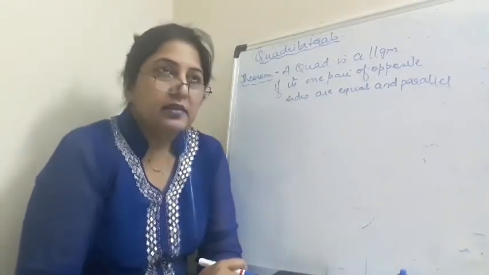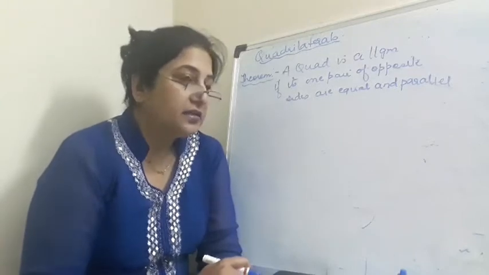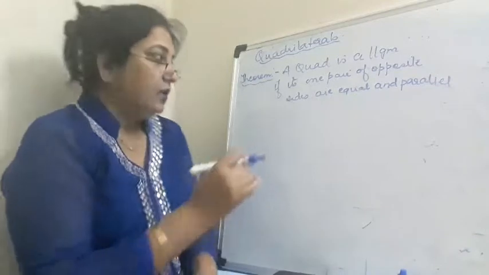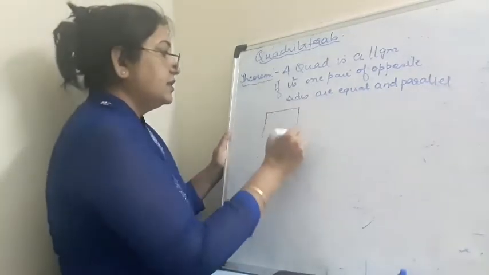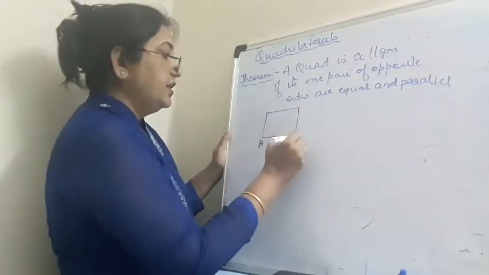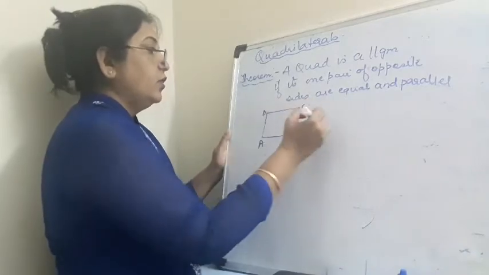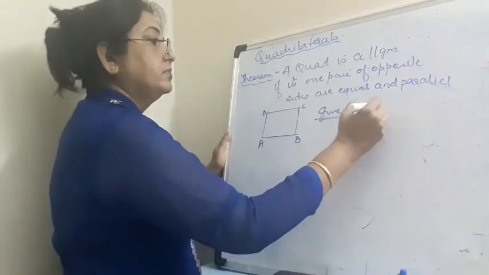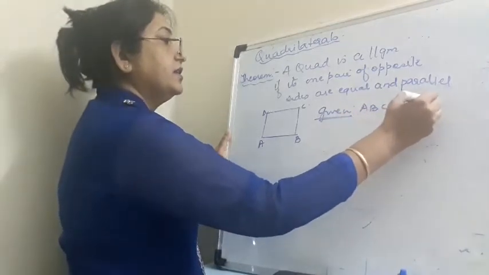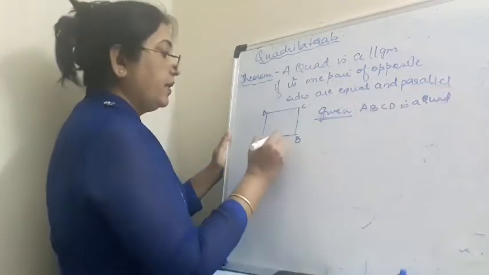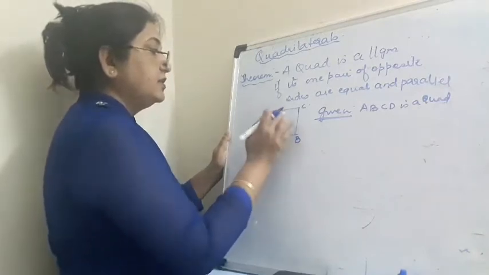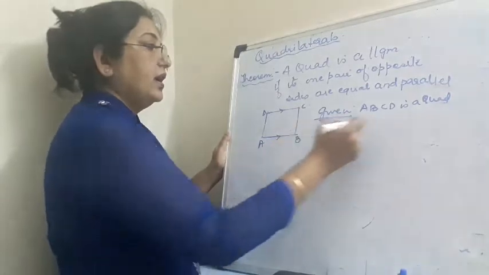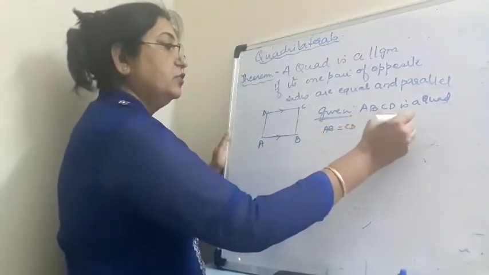Now children, you know that the properties of a parallelogram say that opposite sides, meaning both pairs, are equal and parallel. So suppose this is a quadrilateral ABCD, and it is given that in this quadrilateral one pair, let us take this pair, AB is equal to CD and AB is parallel to CD.